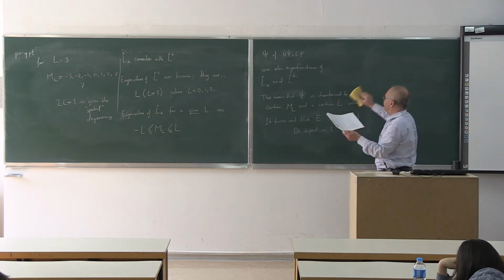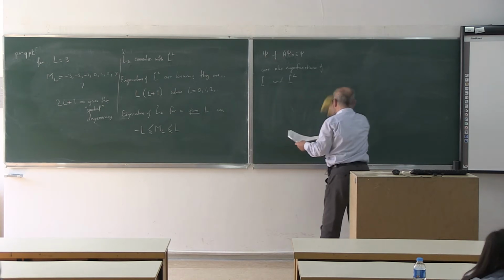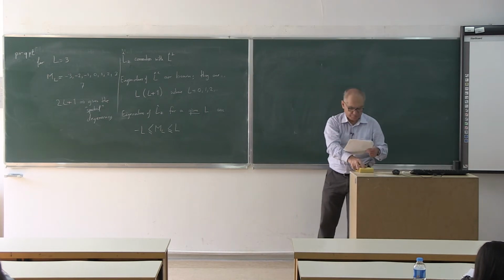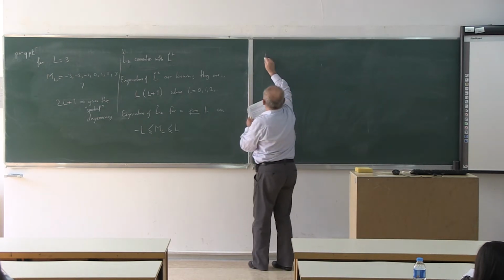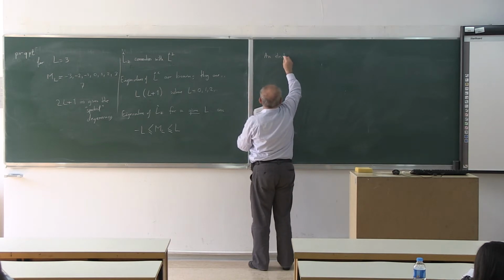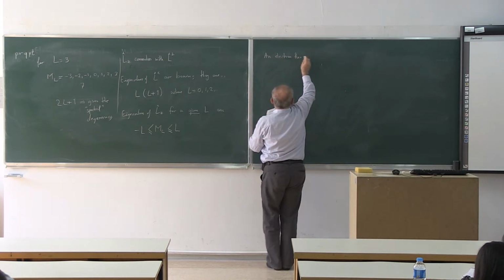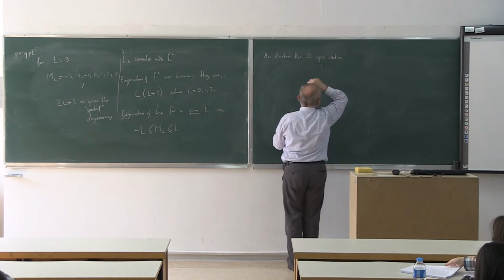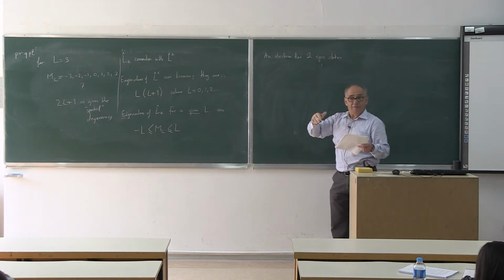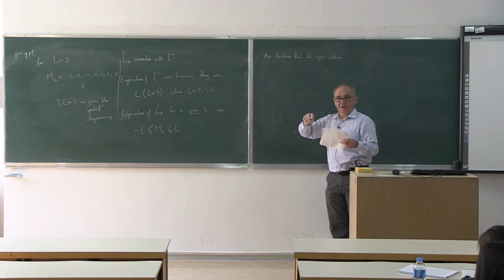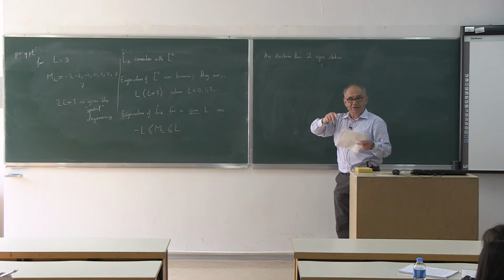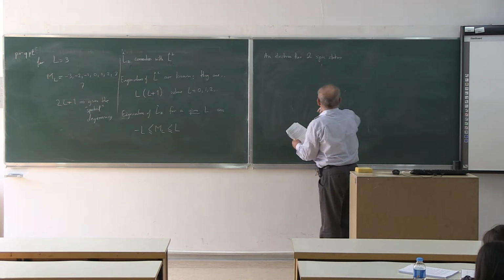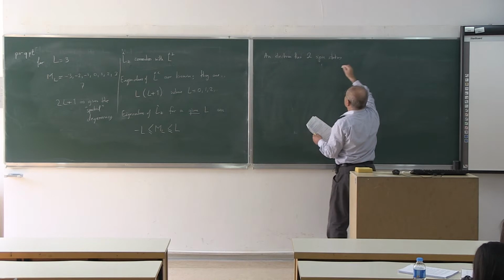Now let us formalize those concepts. An electron has two spin states. This is experimental knowledge, that an electron has just two spin states. Now, these are related with spin functions.